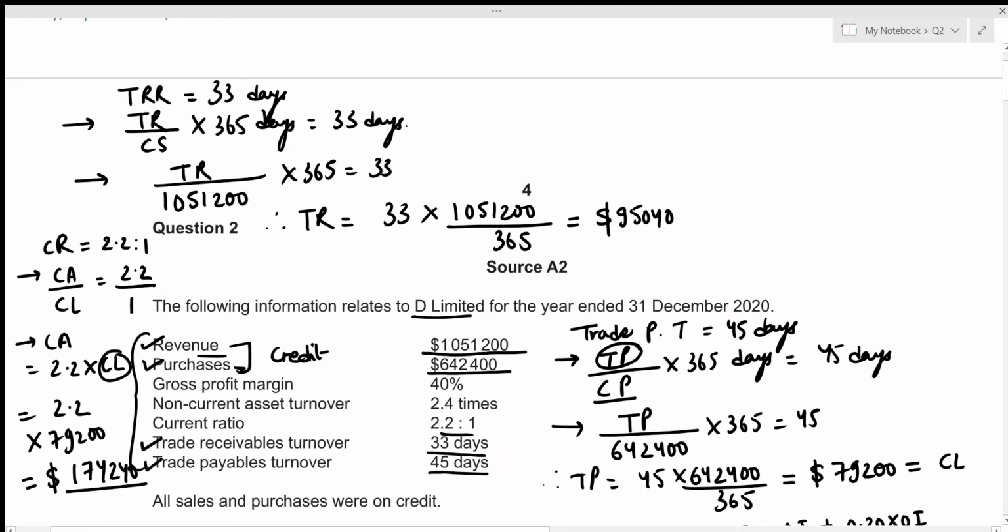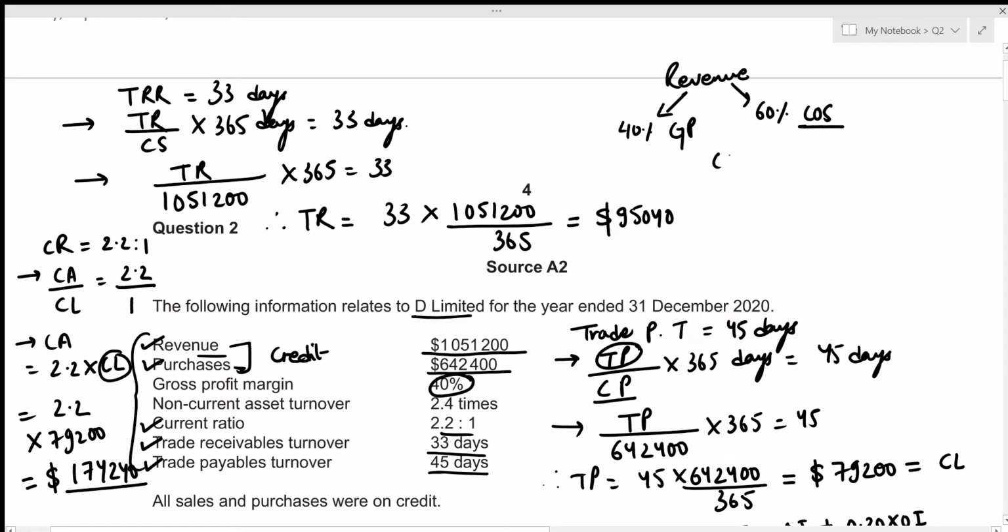All right, so we are done with the trade receivables turnover and trade payables turnover. We also did the current ratio. So now we have the gross profit margin, which is 40%. This just means that out of revenue, 40% is going to be gross profit. Then the remaining 60% must be associated with our cost of sales. So let's figure out our cost of sales, because we are already given our purchases.